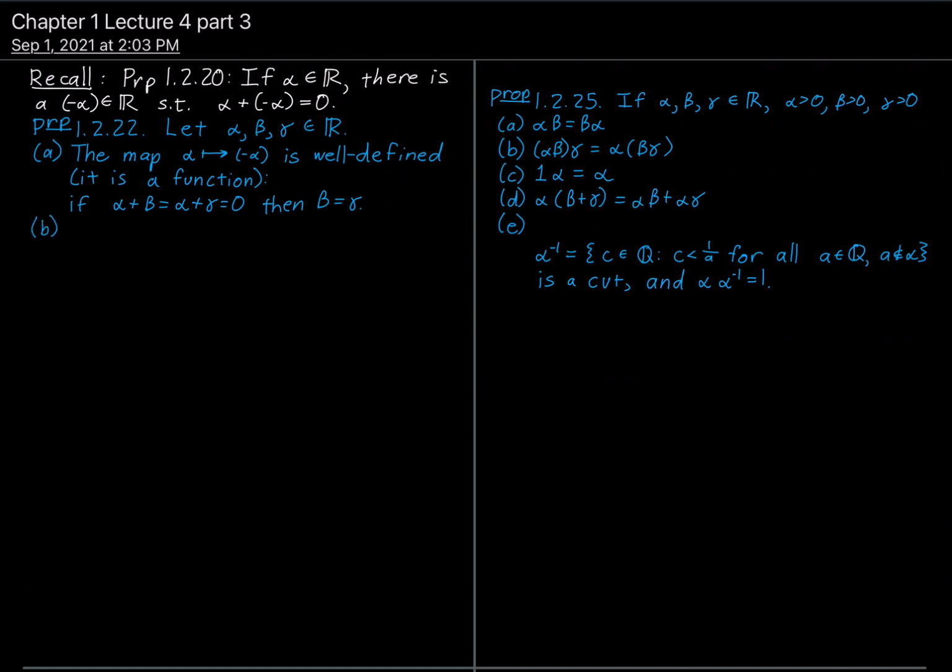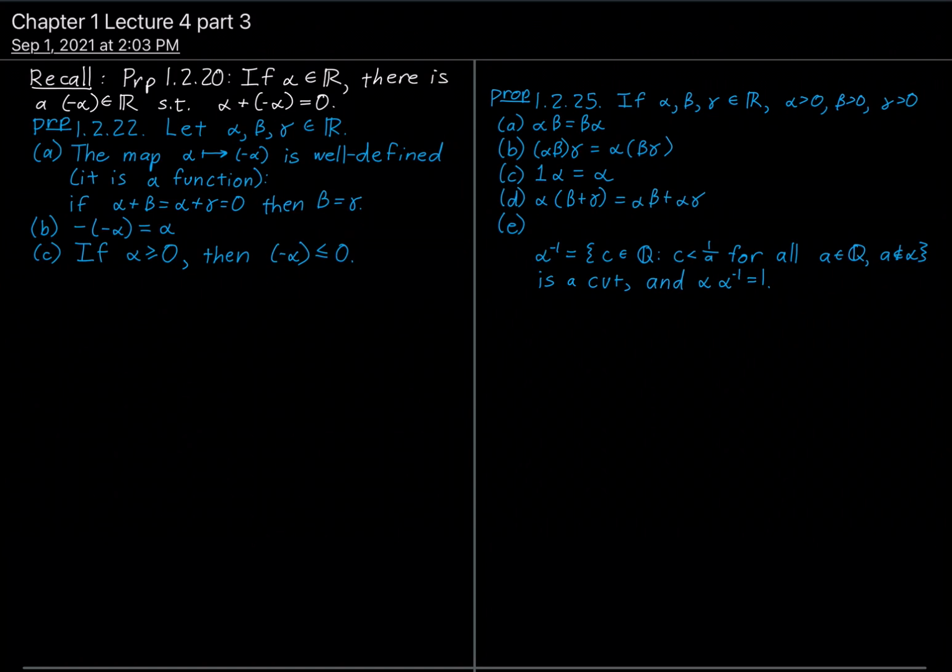Then part B is that if you take negative of negative alpha, you get alpha back. So being additive inverses is a symmetric property. And then property C is that if alpha is positive or non-negative, then minus alpha is negative or non-positive.